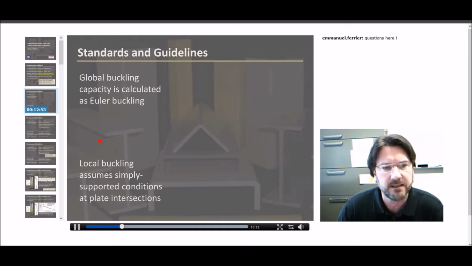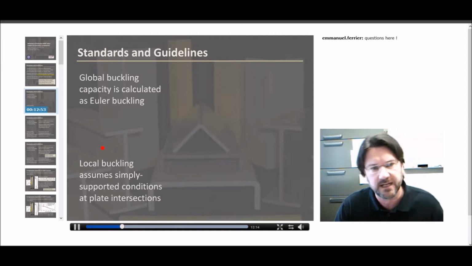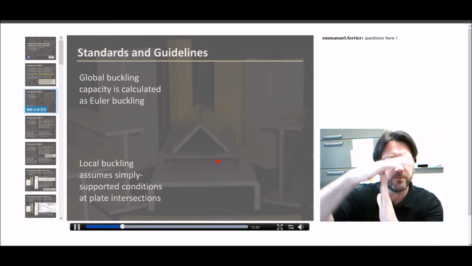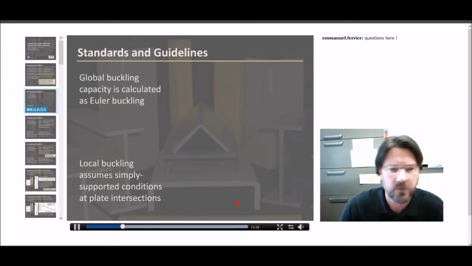In the available standards and guidelines, we associate local buckling with simply supported conditions at the plate intersections. A web and a flange are supported at a pin, which of course is not kinematically correct, although it results in relatively straightforward calculations.